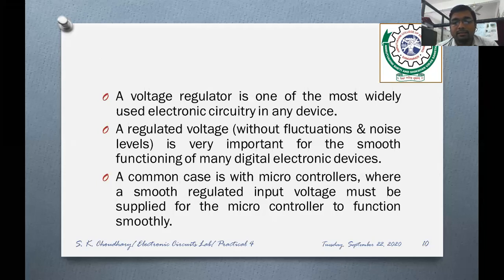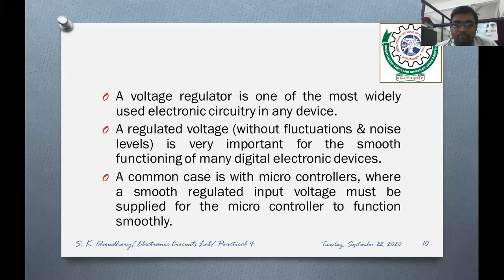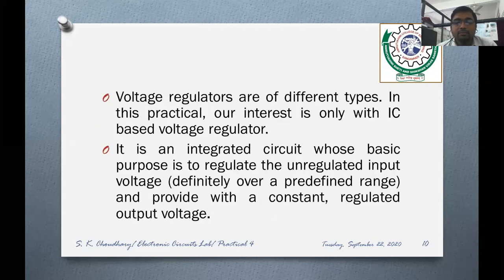A common case is with microcontrollers, where a smooth regulated input voltage must be supplied for the microcontroller to function. So there are lots of digital circuits which require a stable or regulated DC voltage for smooth application.